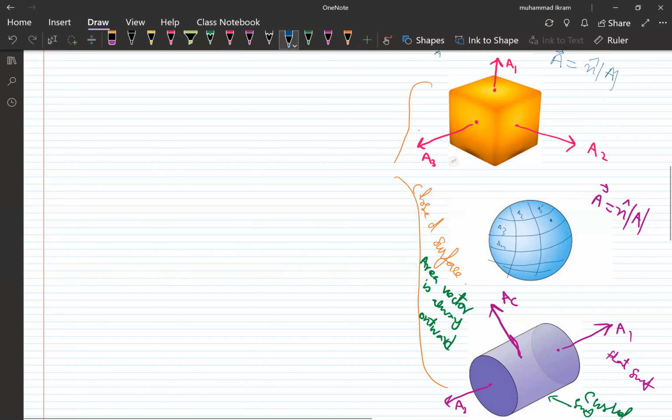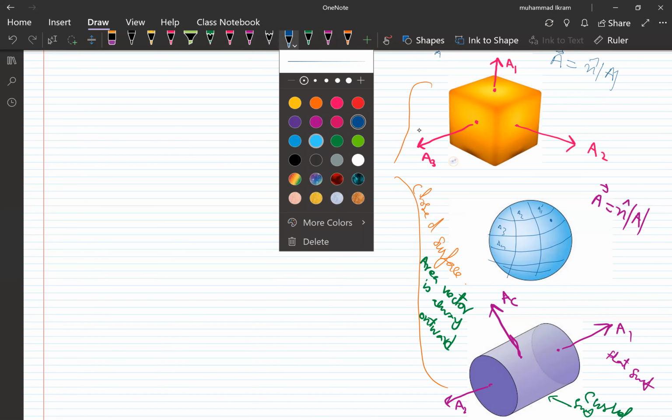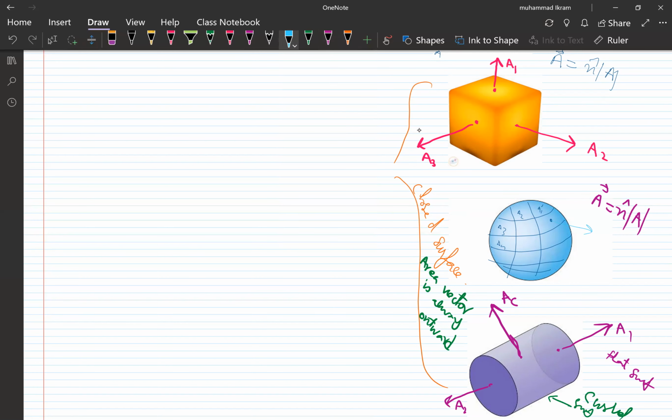To draw the area vector for these shapes, for this, the area vector will be this one. Here the area vector will be this one. Here it will be this one, A2. Here the area vector will be this one. It must be perpendicular to the plane or to the surface, right? The area vector will always be like this.